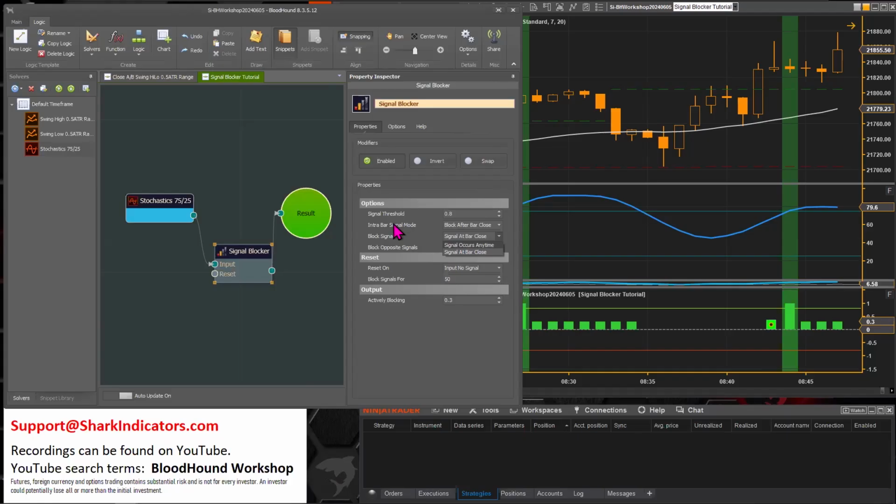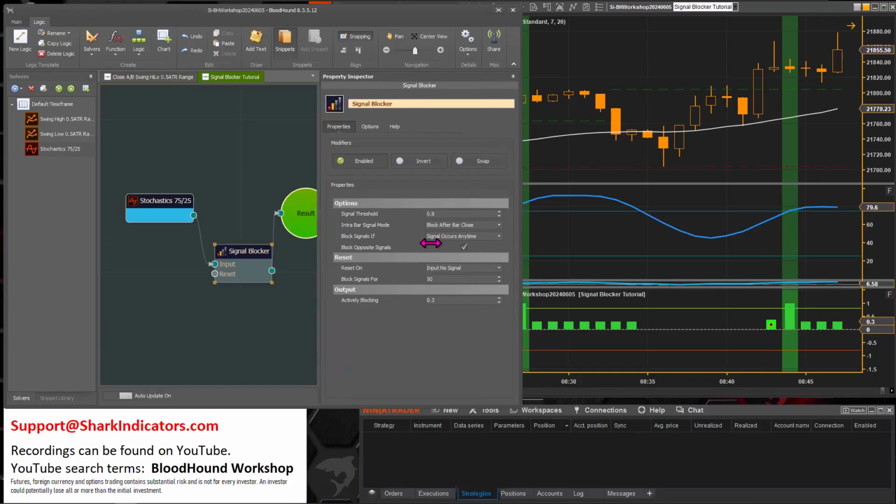Since I have not used the signal blocker in this mode here, okay, so this is block signals if. There's two possibilities here. If you're blocking signals after the bar closes, do you want to block, let me open this up a little bit more, if price pulls back?